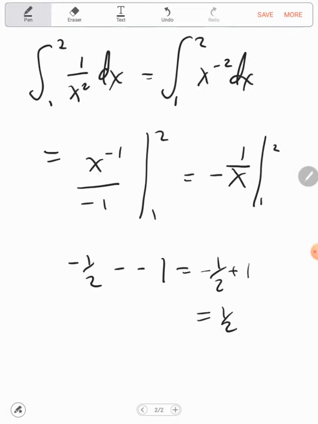Therefore the area, let's say area of t, is the integral from 1 to t of 1 over x squared dx.